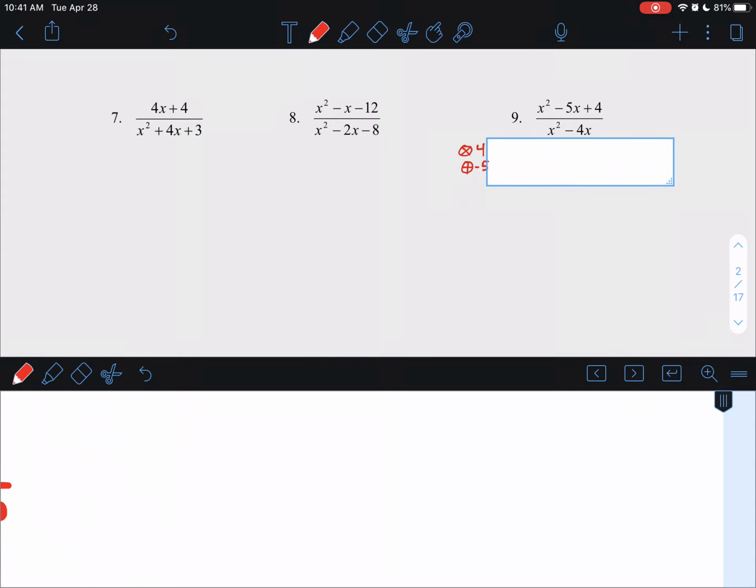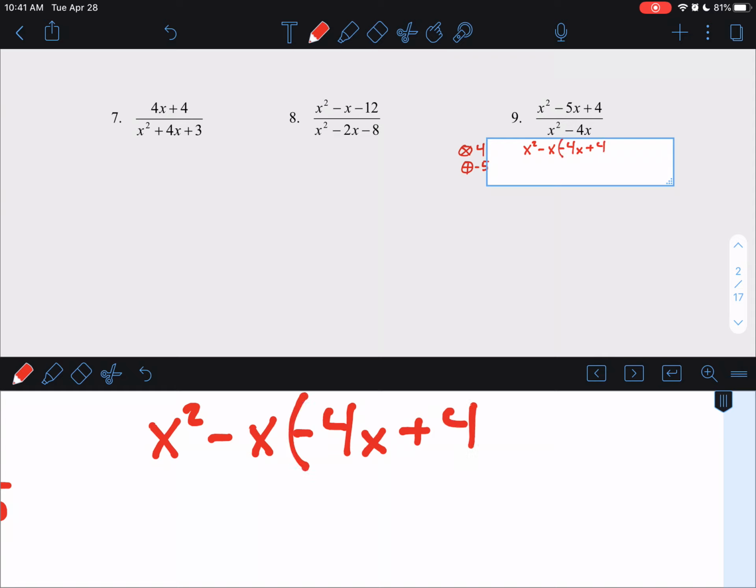So that means my numerator here is going to be x squared minus 1x minus 4x plus 4. And then I'm going to group. Between x squared and negative x, the greatest common factor is x. So when I take x squared divided by x, I'm left with x. x divided by x is 1.